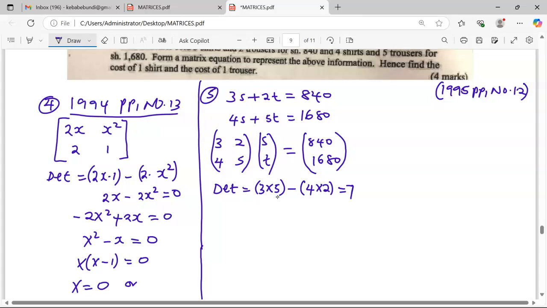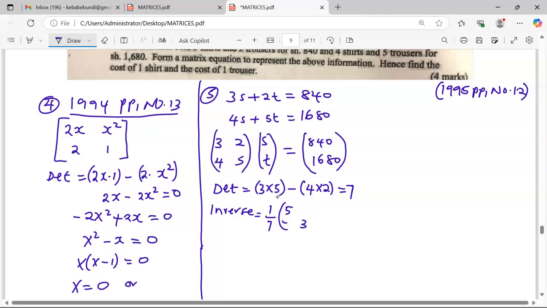After we have done that, we can now get the inverse. Remember, the inverse is obtained by taking 1 over the determinant, which is 7. We multiply by the matrix where we interchange the elements in the main diagonal: where we have 3, we put 5, and where we have 5, we put 3.